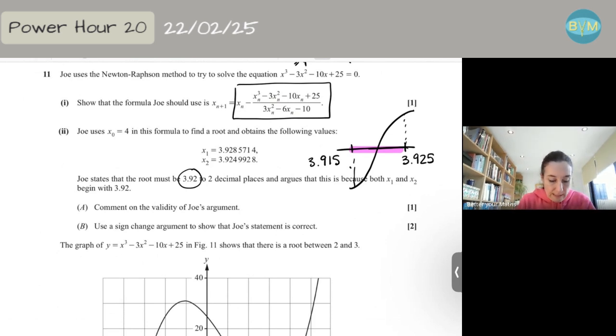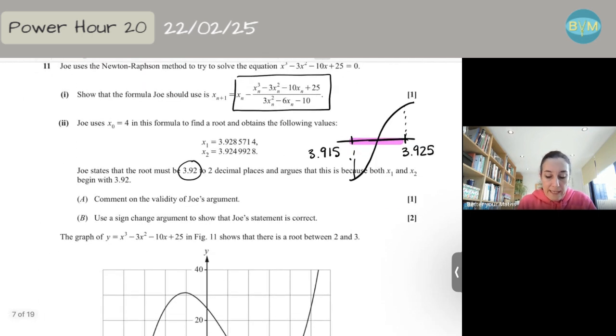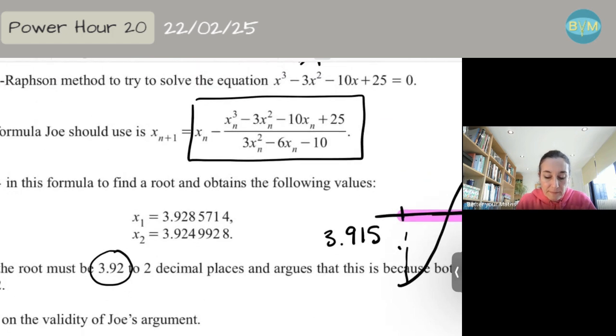So let's do that. We start with 3, so 3 equal, and then we type the formula with answer every time we have xn.